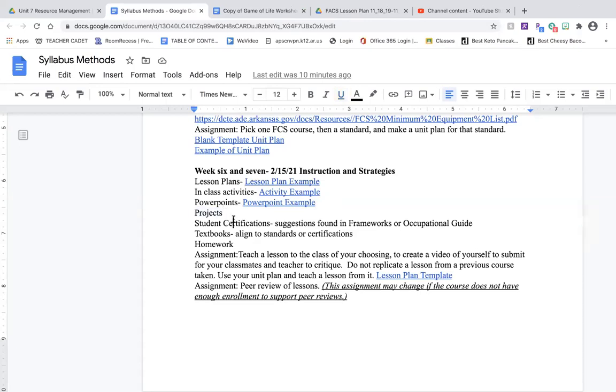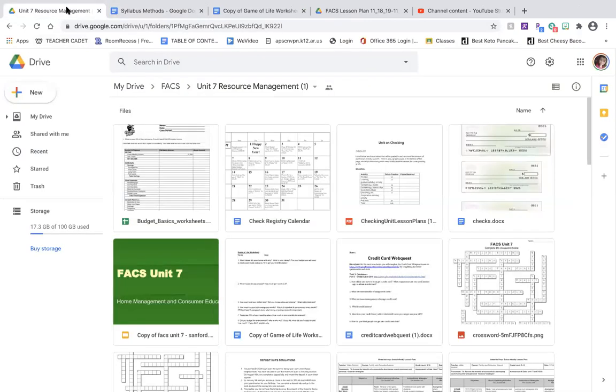Projects are a big assignment or activity you would have them do, and it's going to span over multiple days. I usually have one big project for every unit we do. The big project for my resource management unit is what I call a checking simulation.